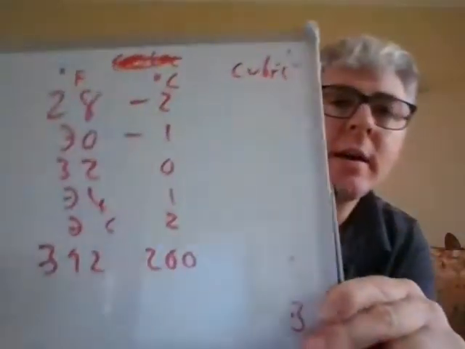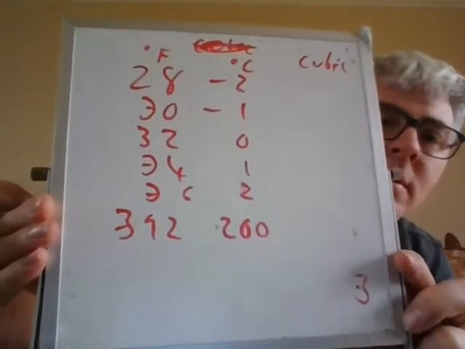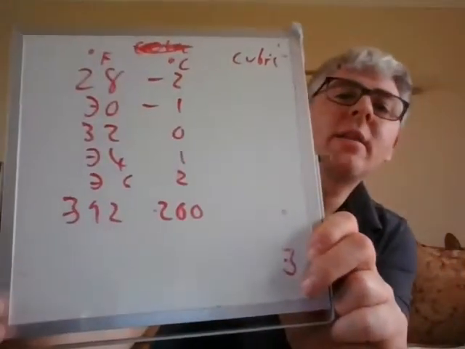I just want you to see centigrade and Fahrenheit there. So -2, -1, 0, 1 and 2. 392 Fahrenheit is 200 degrees centigrade. Celsius and centigrade are one and the same, and Fahrenheit is there.